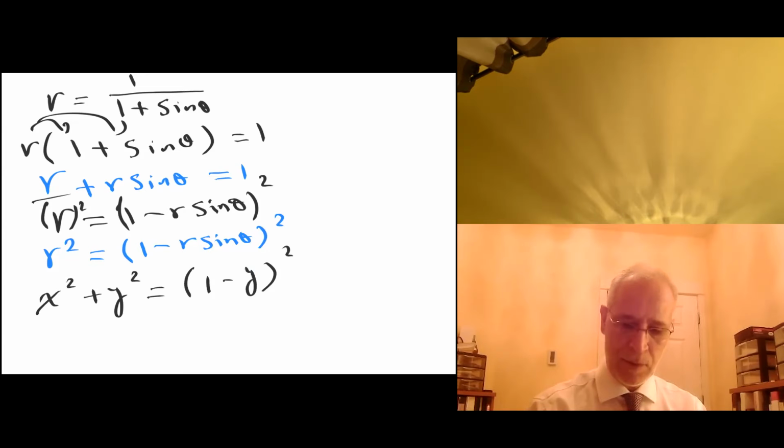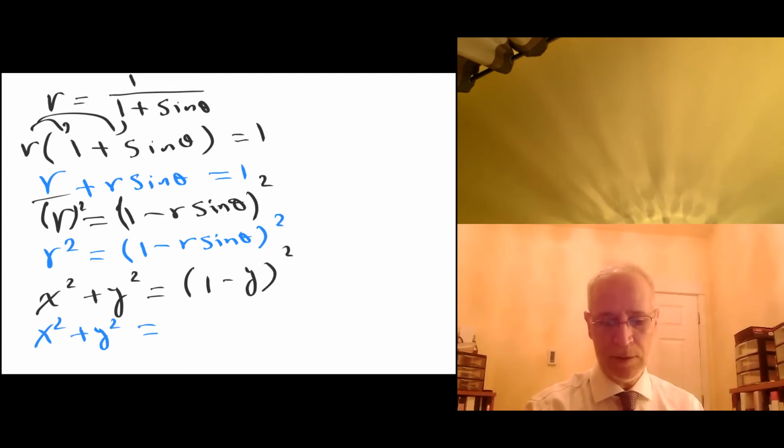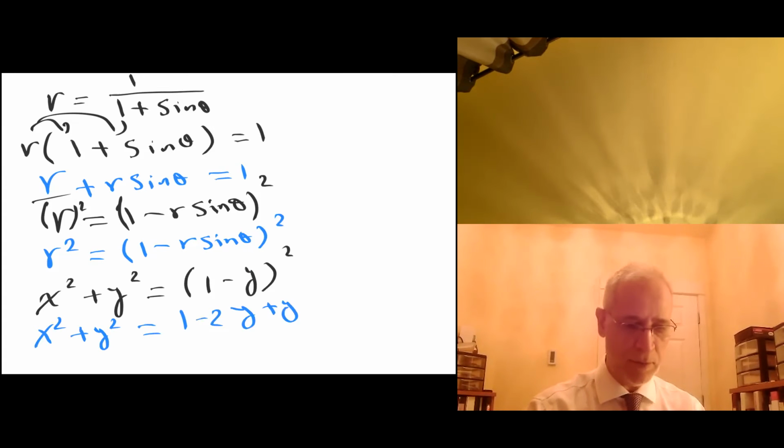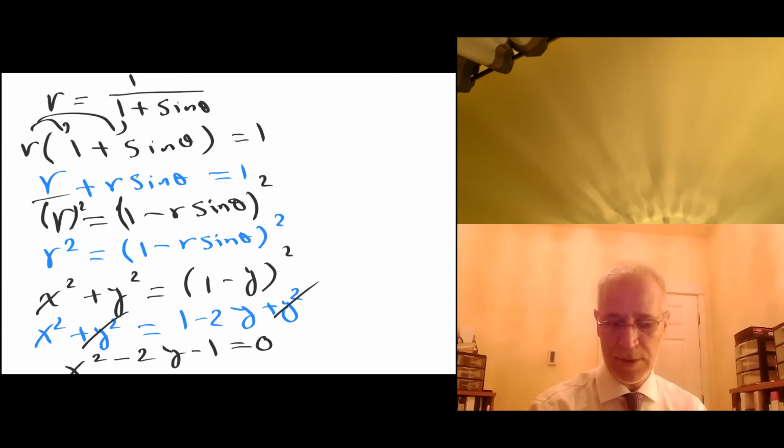So now I have x squared plus y squared equals 1 minus 2y plus y squared. I can just drop the y squared from both sides. So I can say x squared plus 2y minus 1 equals 0.